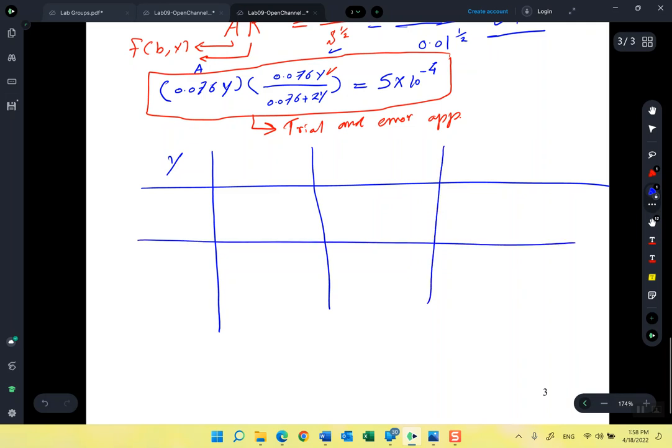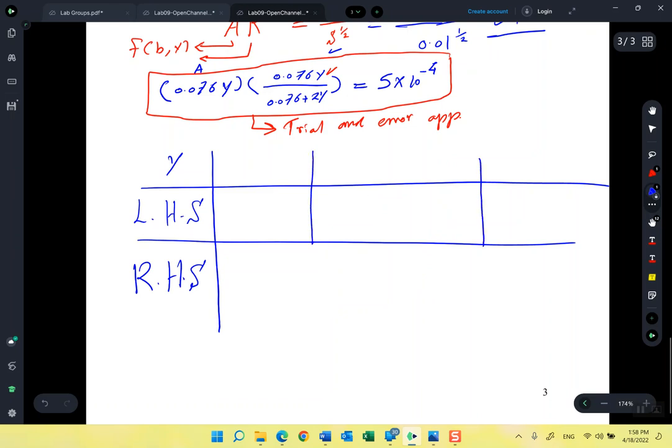I will check the left-hand side of this equation, and the right-hand side, in our case, will be constant. It won't change, right? We have already calculated the right-hand side, and it is equal to 5 multiplied by 10 to the power negative 4.